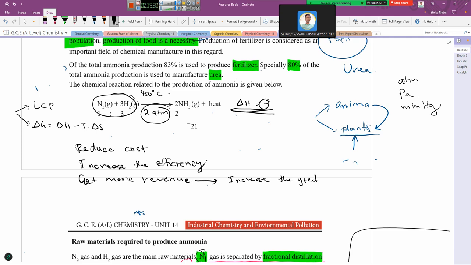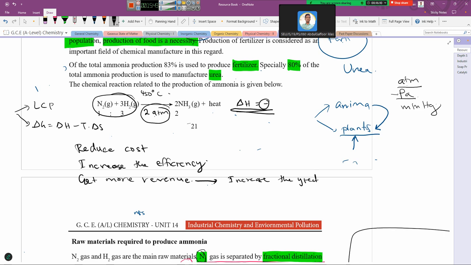Now what is the relationship between atm and Pascal? Because in the examination they might ask for these typical conditions in atm or Pascal. If they don't specify the units, you can give the unit you prefer, but if they ask, you have to give that particular unit.